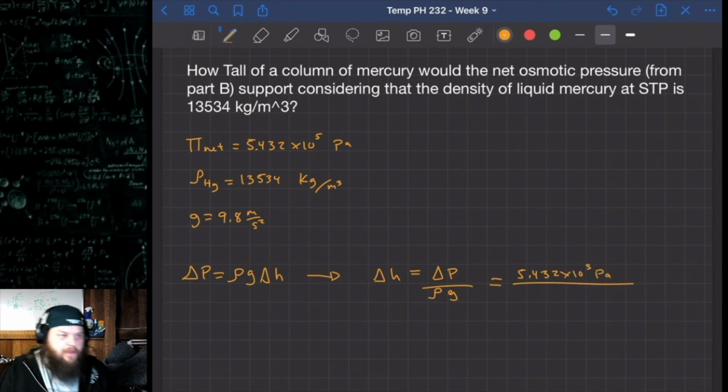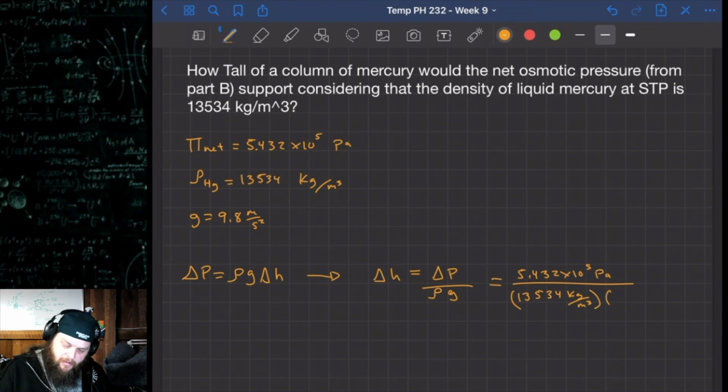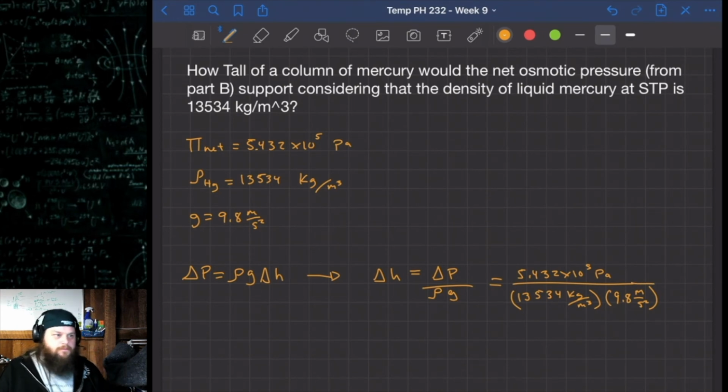I'm going to divide that by the density of mercury, 13,534 kilograms per meters cubed, and multiply that by gravity, 9.8 meters per second squared. Let's solve for the height.